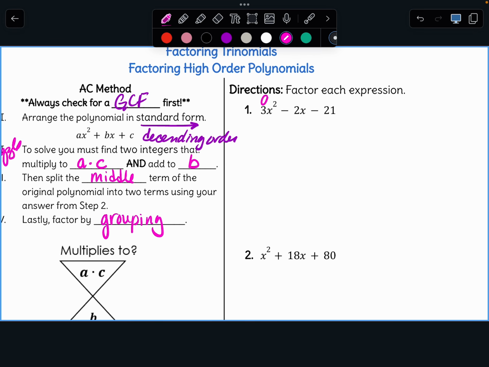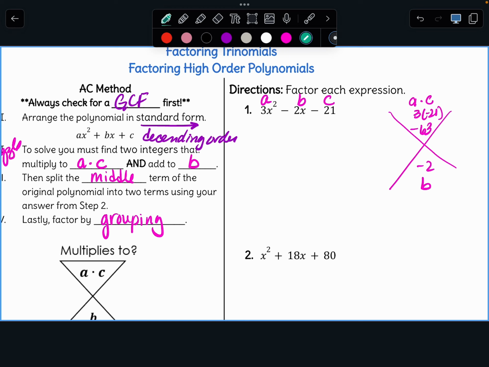So it's in descending order, and so I'm going to label A, B, and C so that I make my X puzzle. A times C is 3 times negative 21. That's negative 63. And B is negative 2.